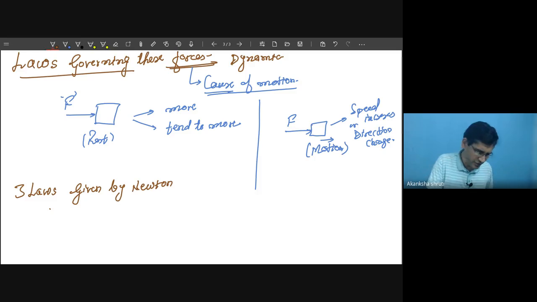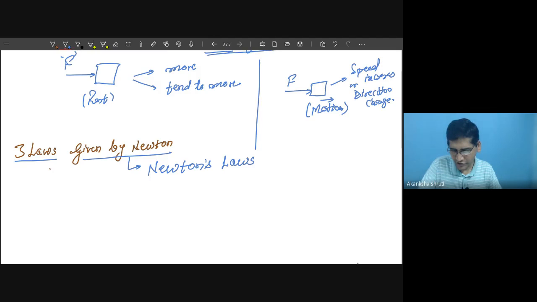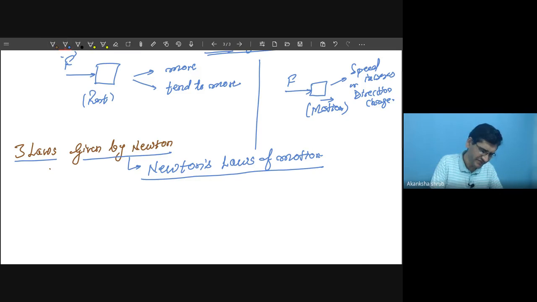So there are total three laws given by Newton, called Newton's laws of motion. So let us start with Newton's first law.